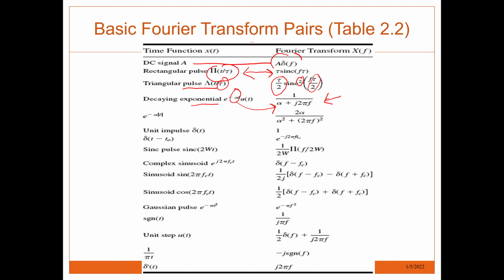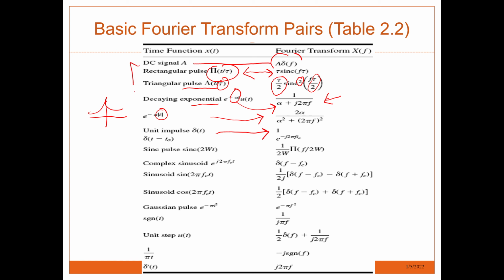And then we also saw e to the minus a absolute t, where we have both sides of the exponential. In the frequency domain, it will become 2a over a squared plus 2 pi f squared. And we also saw just now that an impulse is 1.